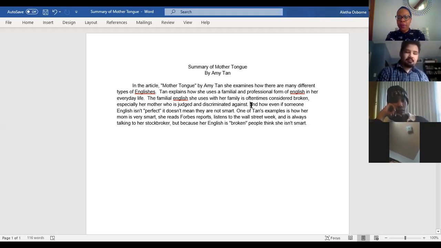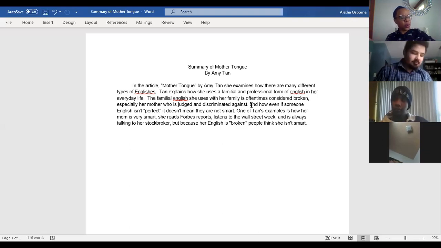We know some examples she outlined in the text were that her mother was often discriminated against on the telephone. I think it was when she would talk to her bank, right, you guys? That one time at the hospital. The hospital, right. Also with her broker.